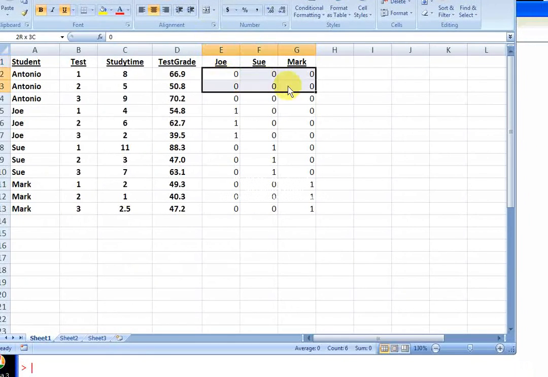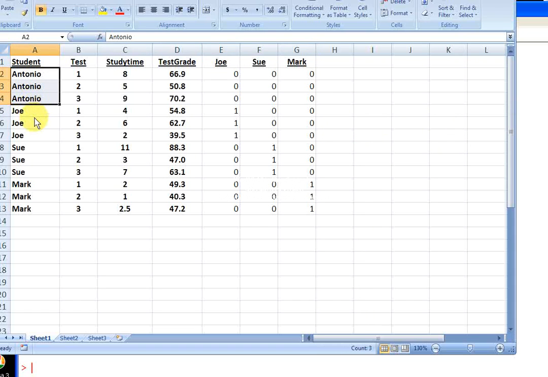The reason I did it this way is I knew that R, when it creates its dummy variables, always leaves out the alphabetically lowest person or thing as the category. If we had states, and this was Alabama, it would leave out the state of Alabama. Antonio, since he's alphabetically first, gets left out. He doesn't have his own dummy variable.